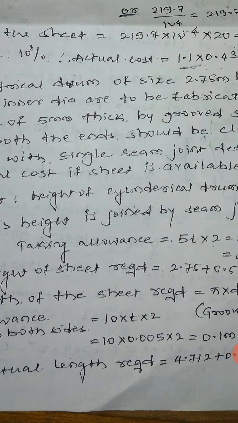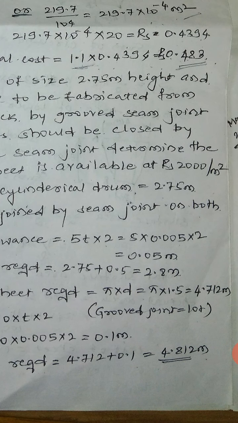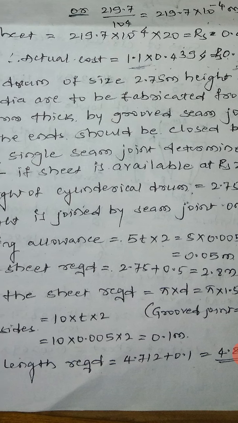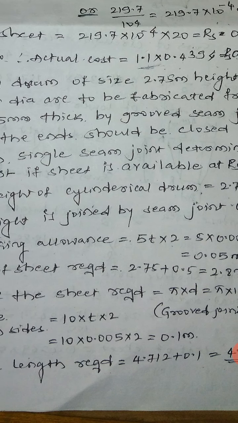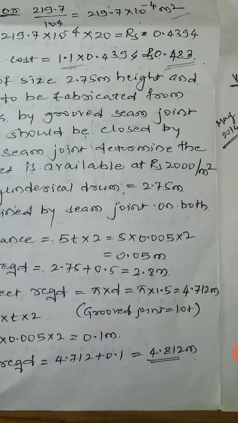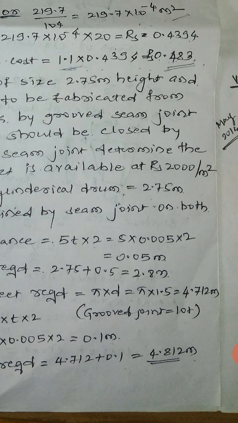The length of the sheet required is pi d, that is pi into 1.5, that is 4.712 meter, and we add the grooved joint on both sides, that is 10t into 2, where t is 0.005 meter, that is 0.1 meter. So the length required is 4.712 plus 0.1, that is 4.812 meter.